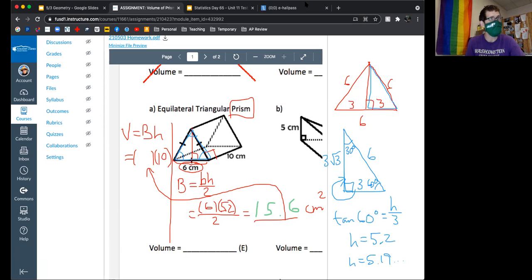As soon as I know the volume, that's what we're solving for. All right, so 15.6 times 10 gives us our final answer here of 156. And what's my unit? There it is, cubic centimeters. Volume has cubic units.